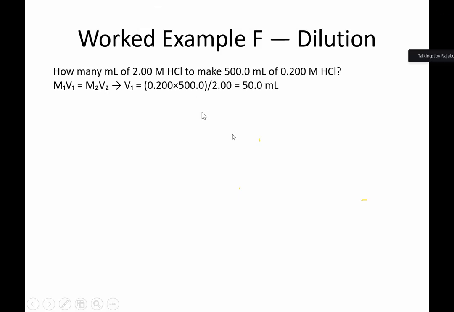Then you divide by this multiplied number. Then you get how many liters of 2 M HCl you need to create 500 milliliters of 0.2 M HCl.